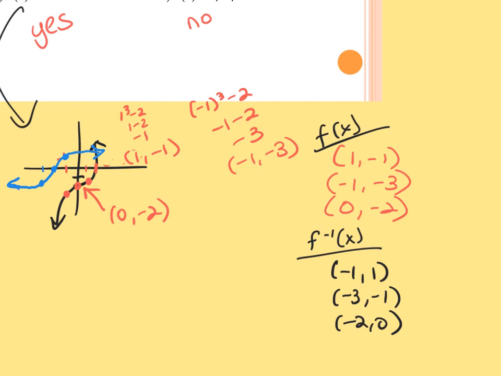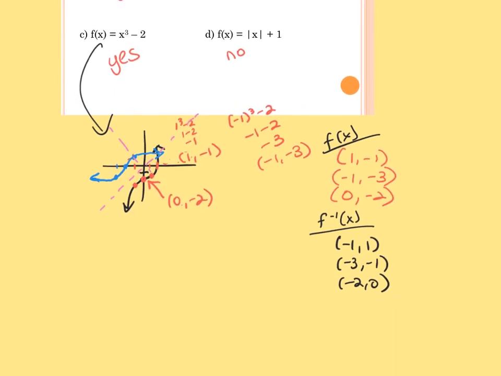So it will be symmetric over the y equals x line. If I fold it along there, it would be symmetric. But you're simply switching those points.